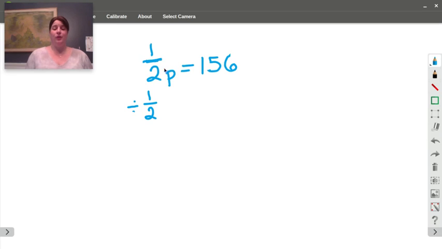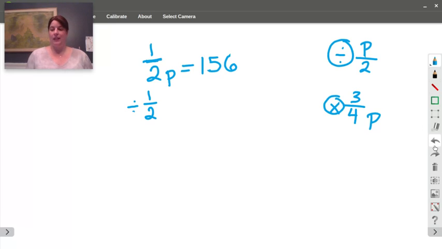Okay? If your variable is part of the fraction, so if it was p over 2, or over anything, then this is a division problem. But if it's a fraction and then the variable is next to the fraction, that's a multiplication problem.